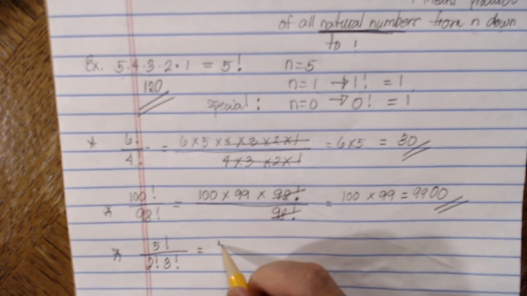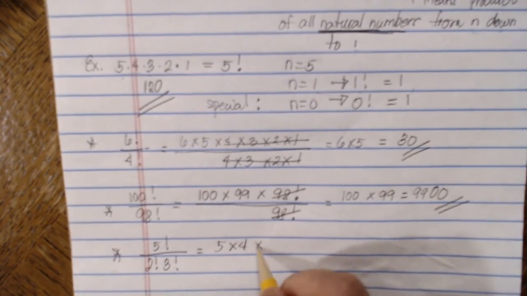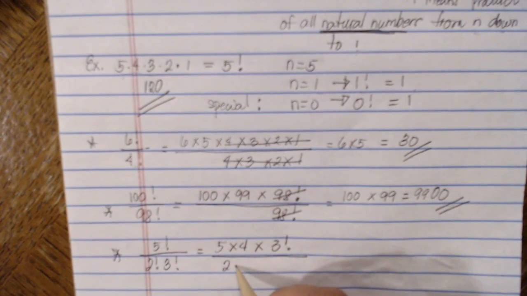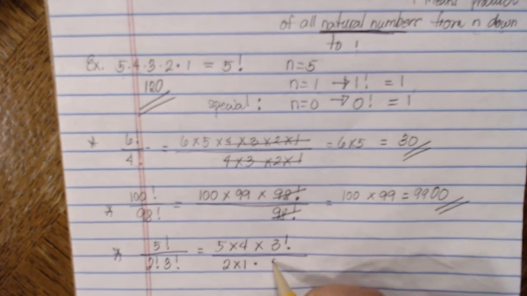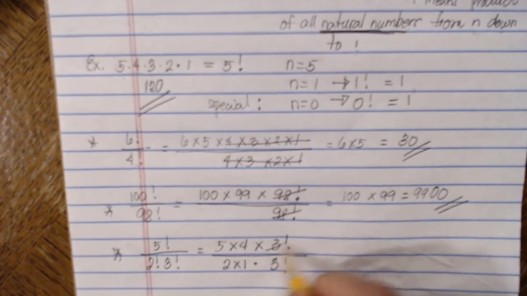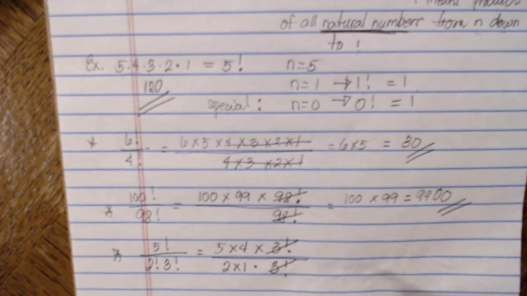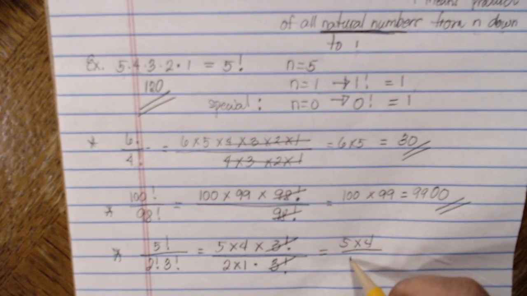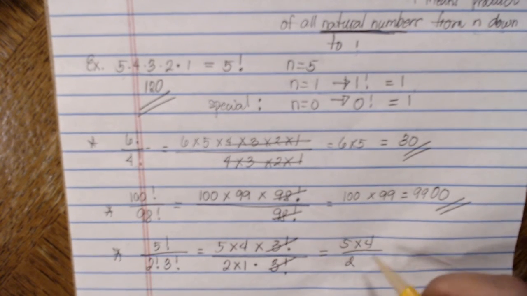So I can say 5 times 4 times 3 factorial over 2 times 1 times 3 factorial, because I can cancel that. And then, of course, 5 times 4 over 2 times 1, which is 2.